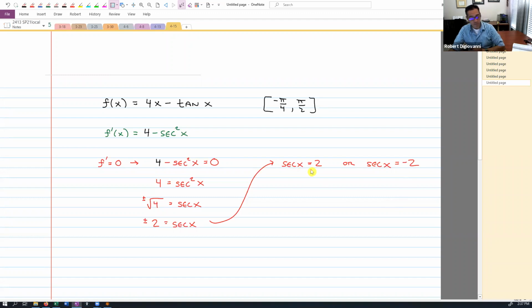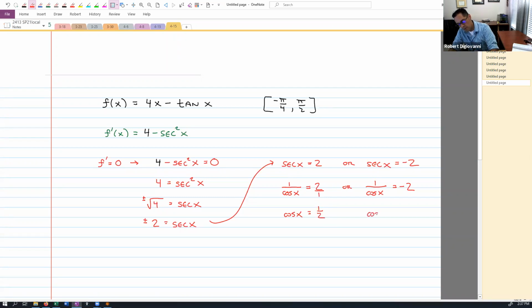Now, secant x by definition is 1 over cosine of x. That must be 2, or 1 over cosine x must be equal to -2. And so if I flip the fraction on the left and make it cosine x, then I have to flip the fraction on the right, which is 2 over 1, and that becomes a half.